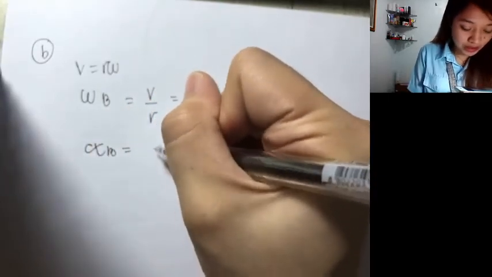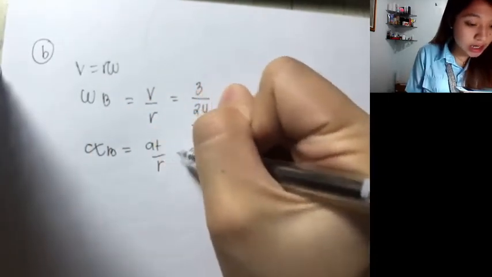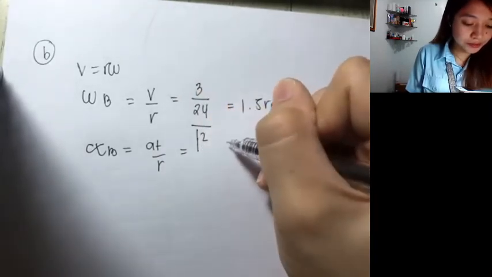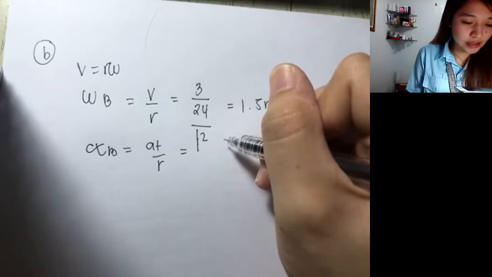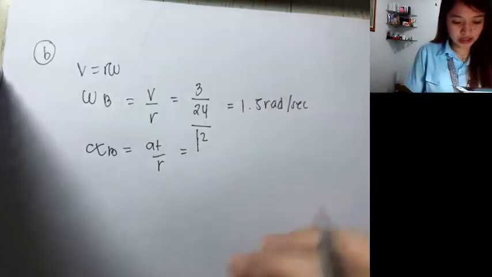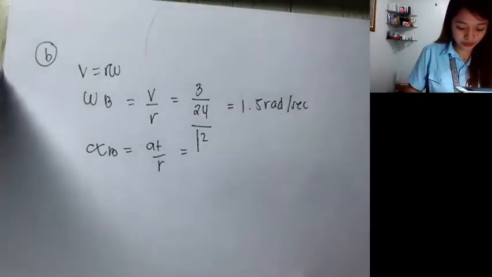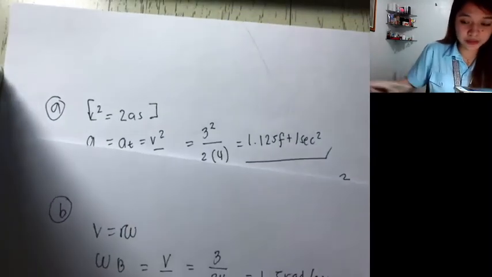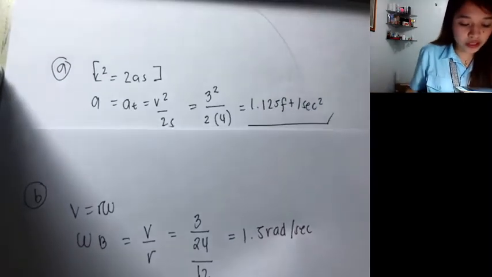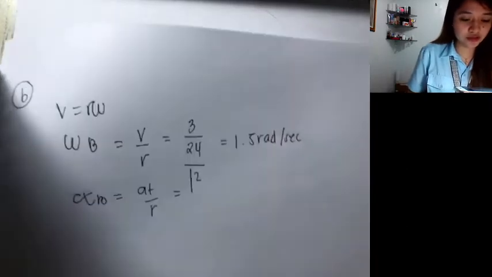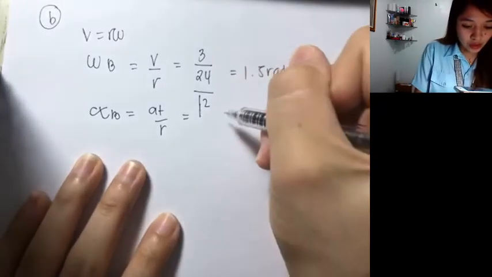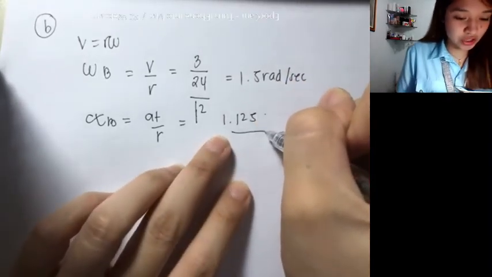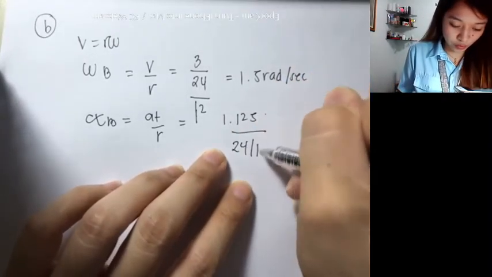Next, we have the angular acceleration B. So the angular acceleration B is AT over R. The tangential acceleration, if we go back to the previous solution, is 1.125 feet per second squared. So that's the value. 1.125 over R, which is 24 divided by 12.